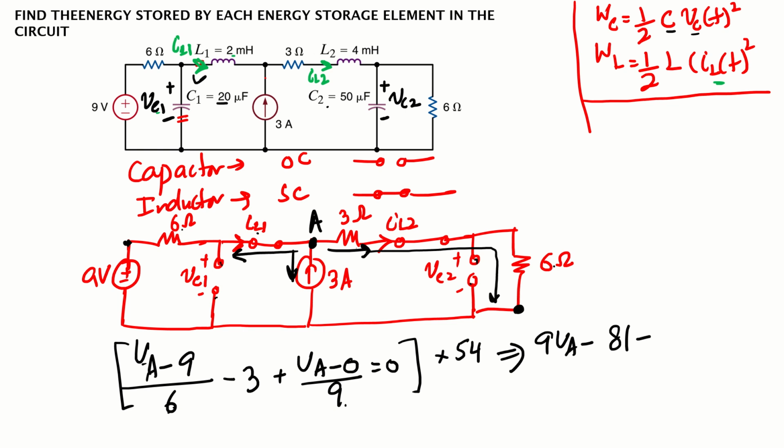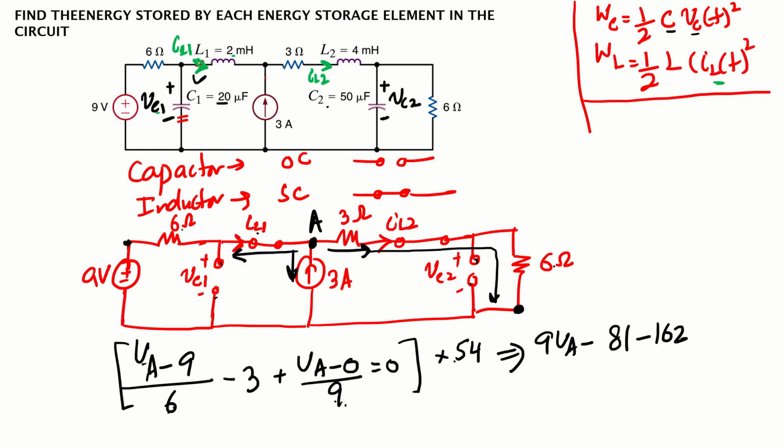Minus, we can multiply with 54, even we can multiply with 18. We need to find the common multiplier of those, whichever you like. So 54 times 3 gives me minus 162.